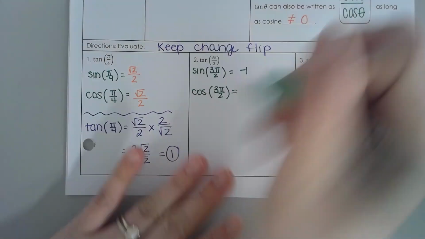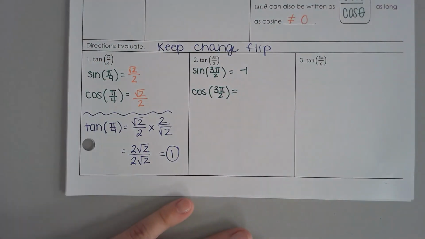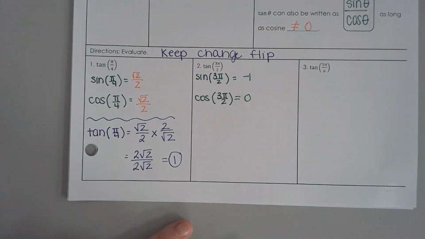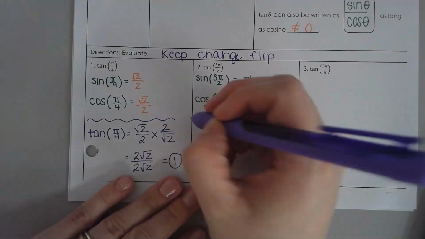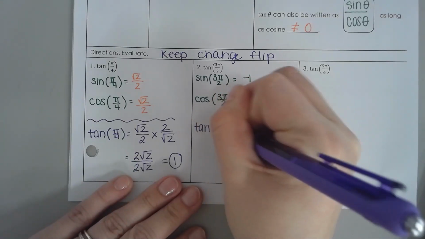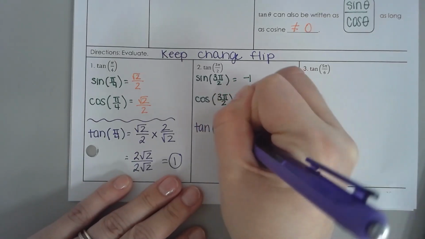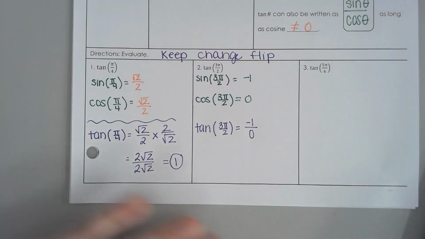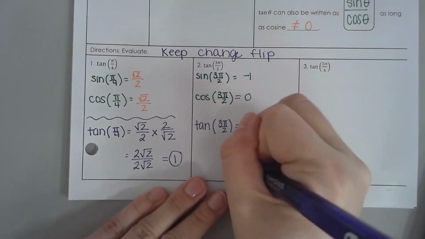It's -1. So 3 pi over 2 is the one that's straight down. That's the point (0, -1). And so then cosine is 0. So tangent would be -1 divided by 0, which is undefined.